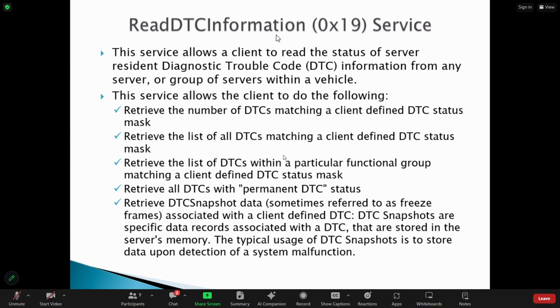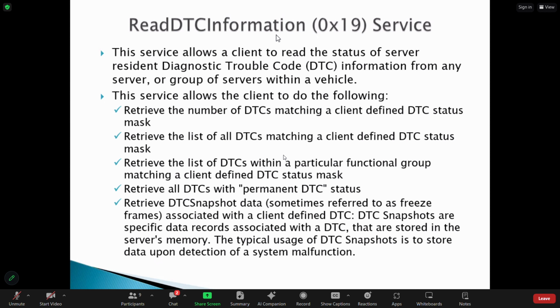OEMs will give whatever snapshot record has to be stored for each DTC. They will tell us. We are not writing code of our own. Based on the customer requirement, we will develop. If the customer says only voltage, vehicle speed, and engine status are to be stored, we will write code to store only these 3 snapshot records.